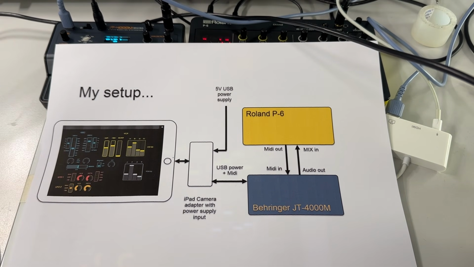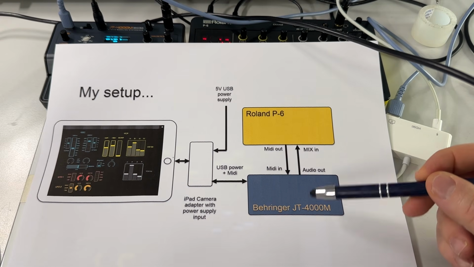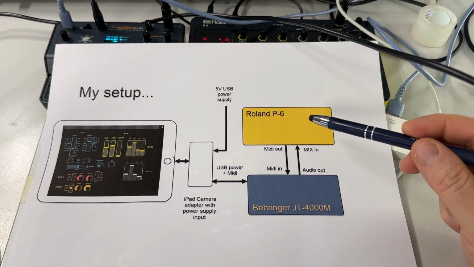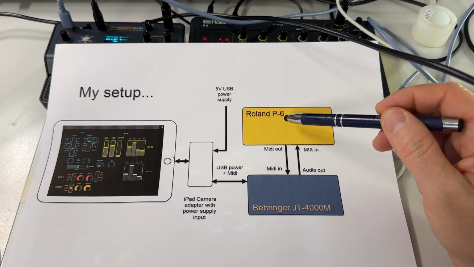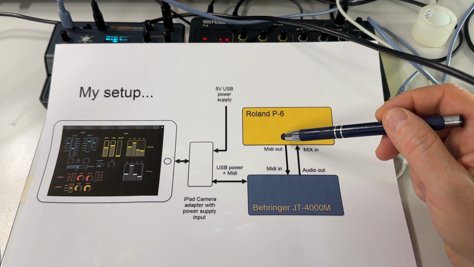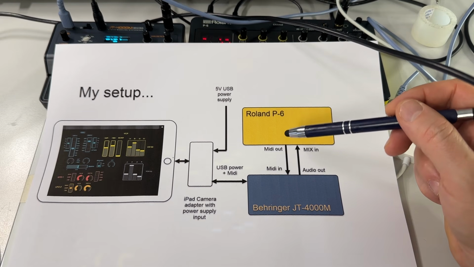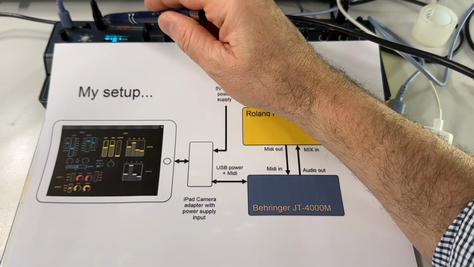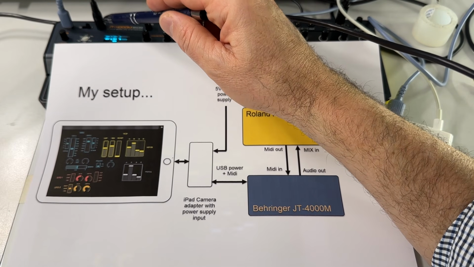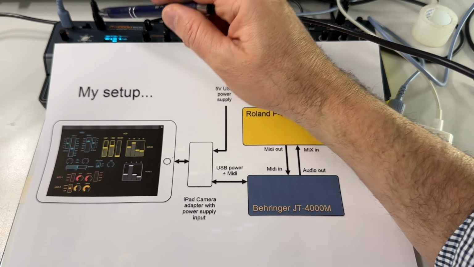So here's a diagram of my setup. It's pretty simple. I have the JT-4000 hooked to a Roland P6 for the rhythm, and the Roland P6 is driving a pattern through its MIDI out, connected to the 3.5mm MIDI in of the JT-4000M.